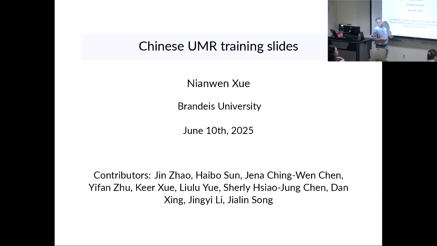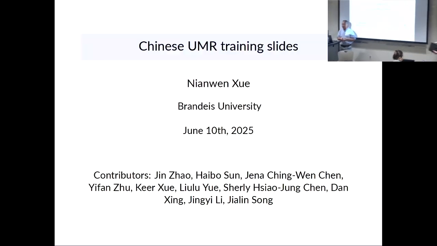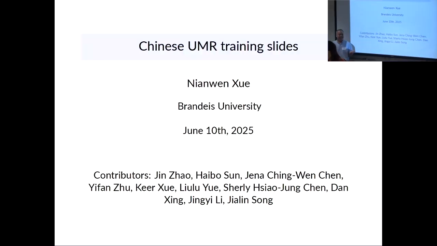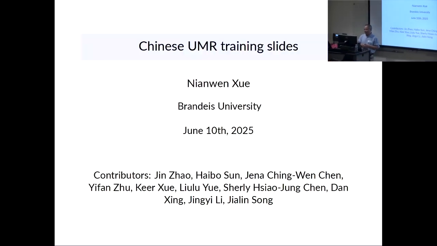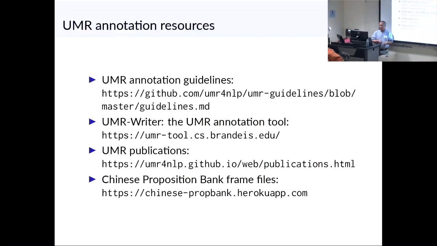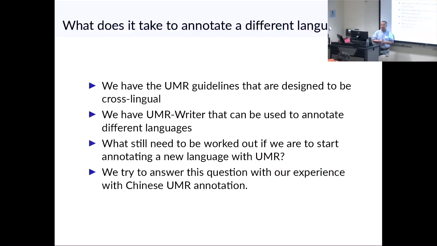So to me, it sounds like I'm trying to teach you Chinese UMR annotation, but I realize that most people here are not native speakers of Chinese necessarily. So I think the main point I want to talk about is, we have been talking about the UMR annotation mostly for English, right?